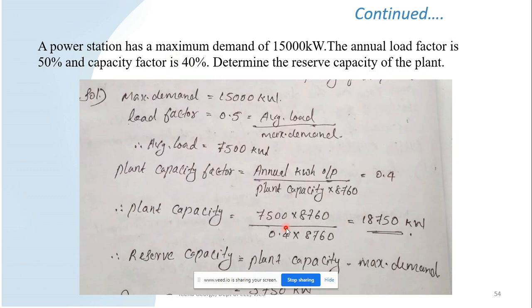So plant capacity is the annual kilowatt hour output, that is average load into 8760, which is 7,500 into 8760, divided by plant capacity factor 0.4 into 8760. This gives plant capacity as 18,750 kilowatt. So the reserve capacity is plant capacity minus maximum demand: 18,750 minus 15,000.